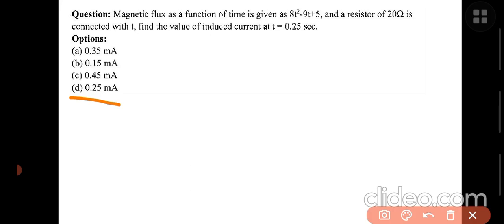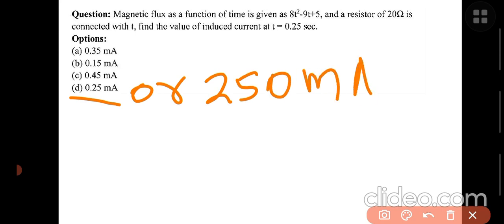The answer is D, 0.25 amps, or 250 milliamps. That will be the right answer. So option D will be the right answer.